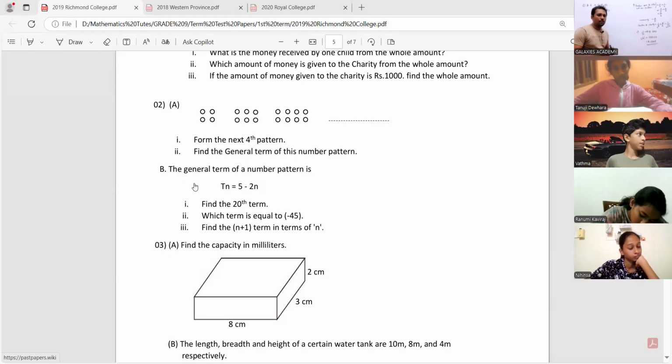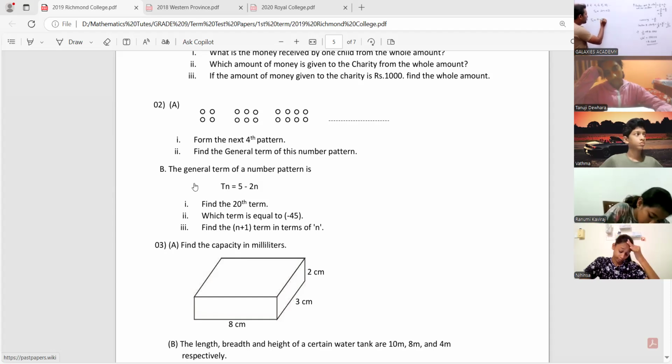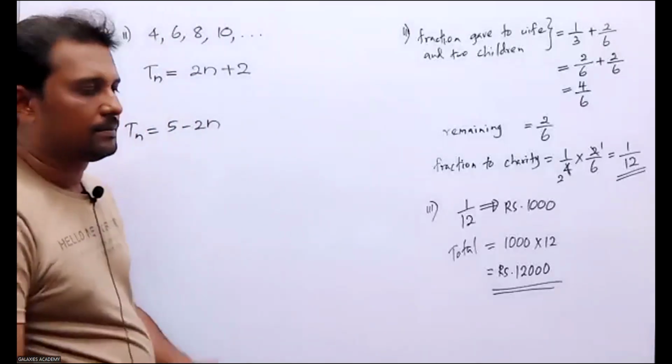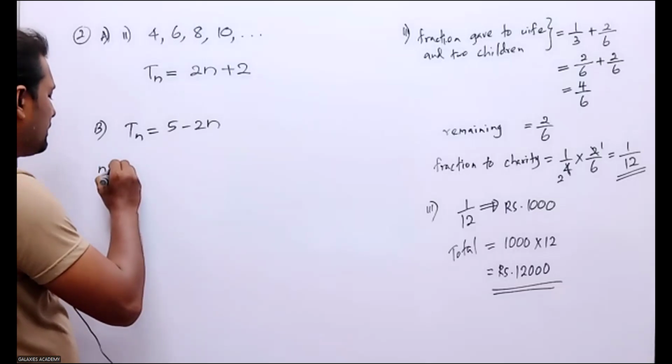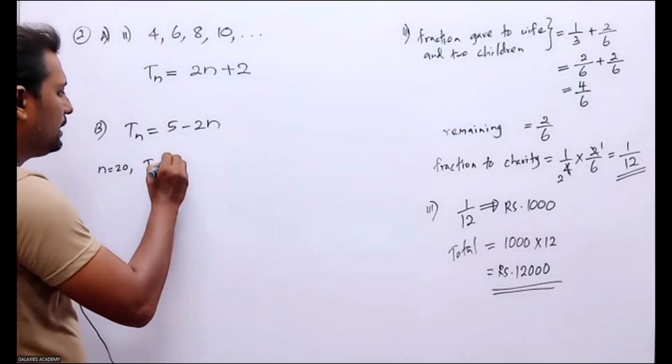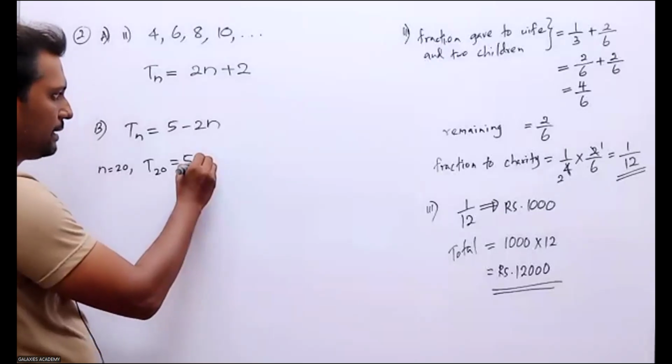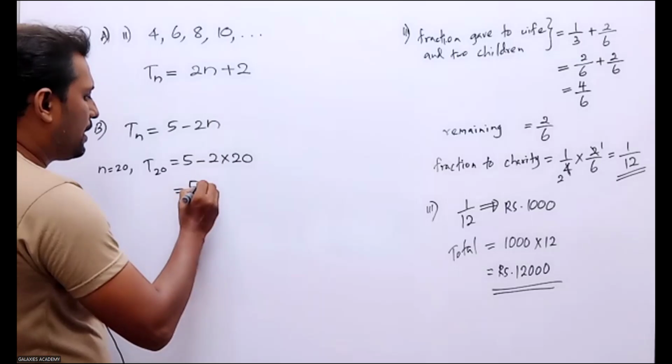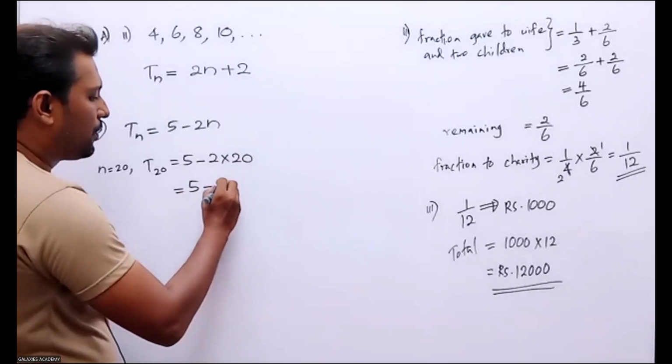The general term of another number pattern is given, Tn equal 5 minus 2n. Then the first part, find the 20th term. You have to substitute n equal 20. Then T20 equal 5 minus 2 multiplied by 20. 5 minus 2 times 20, 40.